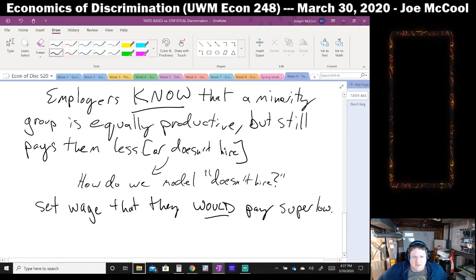If not, then we might even set a negative reservation wage, like she would have to pay him to come in and work. But either way, the way that we model this so that we can still do our pretty graphs that we like to use in economics is we just say this employer would only hire a woman if the wage was like negative $2 an hour, right?